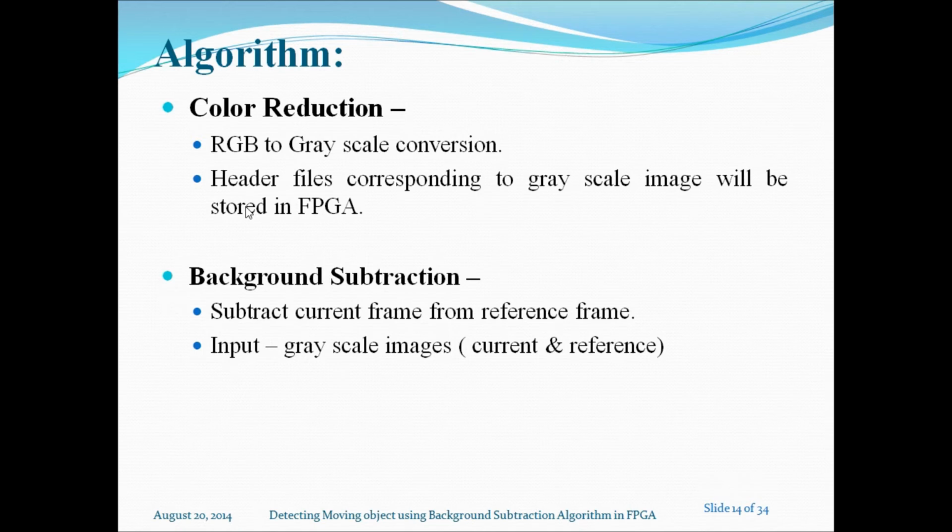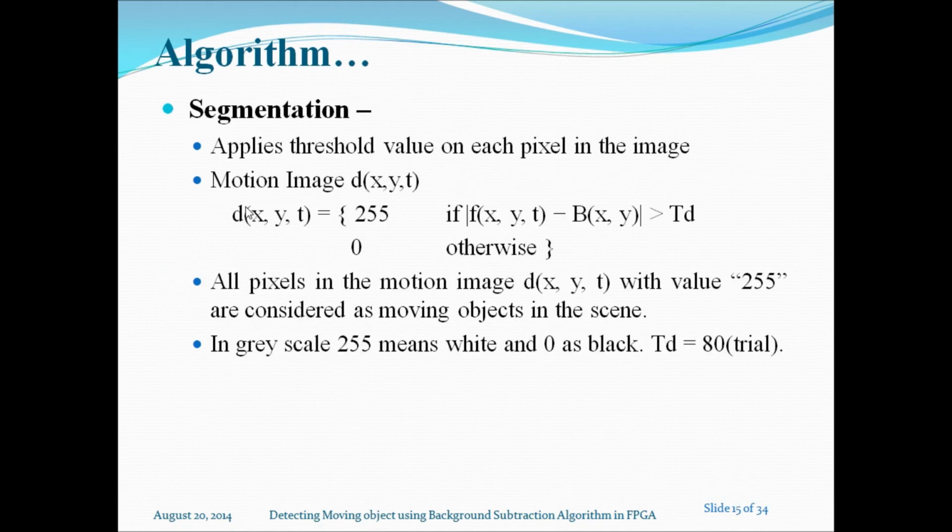Background subtraction. The color-reduced grayscale images, current and reference, act as input to the algorithm, which performs image subtraction pixel by pixel to generate the difference image. The difference image is then used for segmentation. Segmentation uses a configurable threshold.